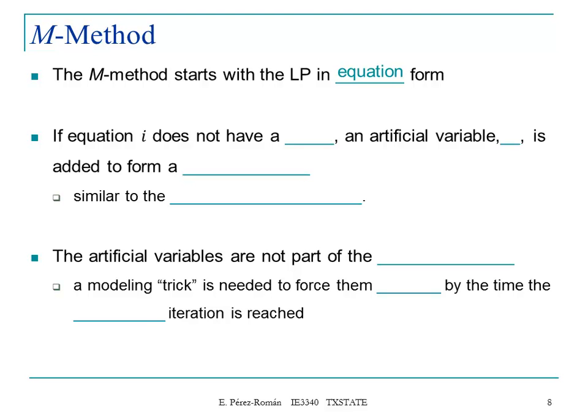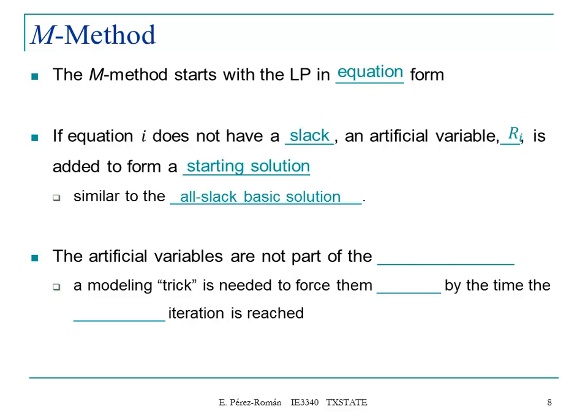If an equation i does not have a slack, an artificial variable Ri, so we're going to call our artificial variables with a capital R, is added to form a starting solution, similar to the all-slack variable solution.